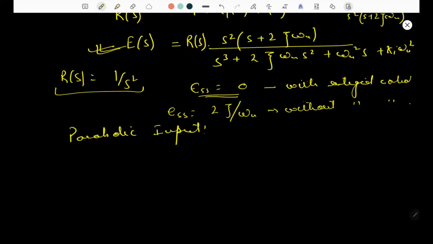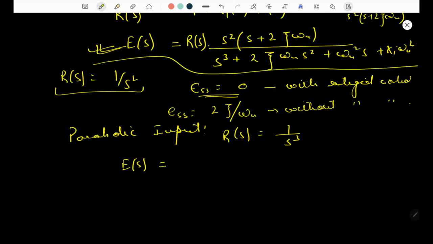But if we consider the integral control action, then for the parabolic input, that is R(s) equals 1 upon s cube, the steady state error using integral control is given by E(s) equals this equation as shown over here.